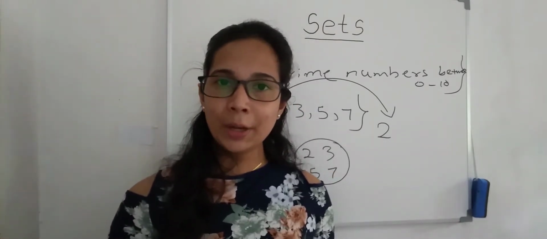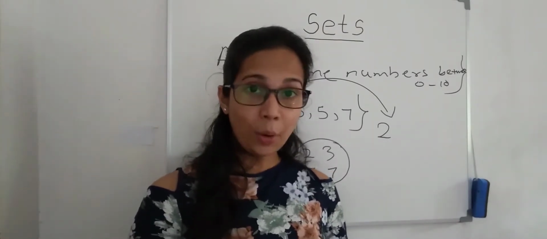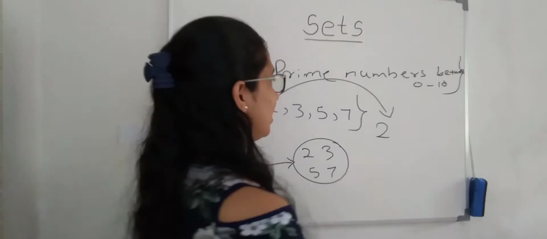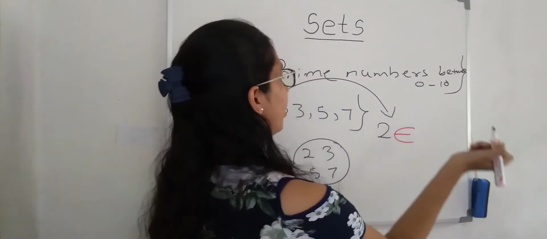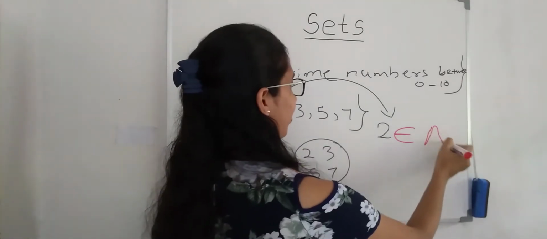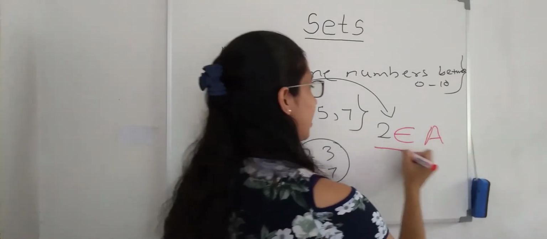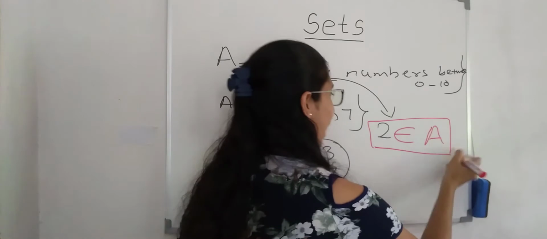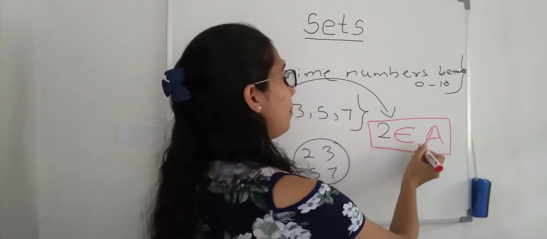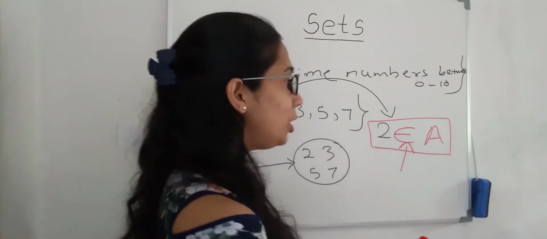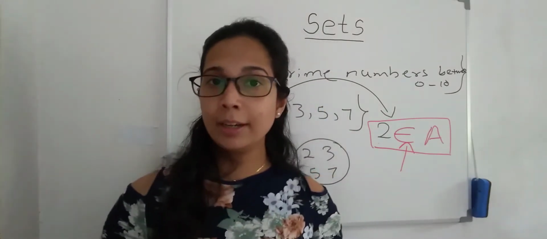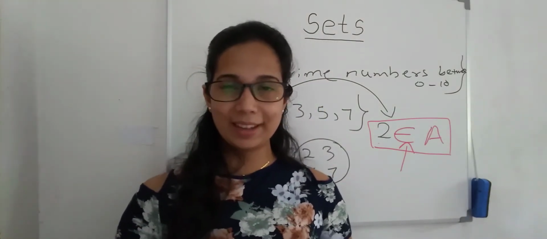So how to denote that? I'll denote that like this: 2 is an element of the set A. This is the sign to denote an element of a set.